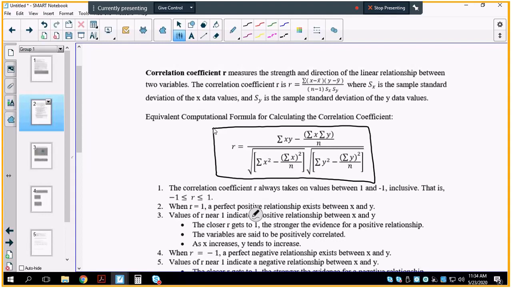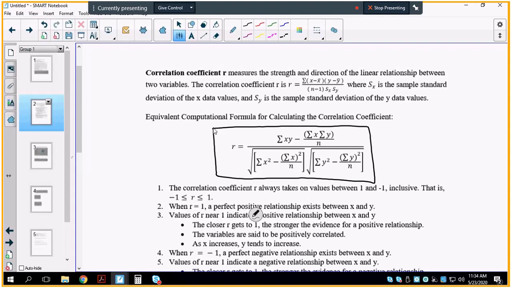And finally, you divide that quantity by the square root of the sum of the square of each x data minus the sum of all x data squared divided by n, and one other square root quantity should be in the denominator, and that will be similar. It will be the sum of the square of all the y data minus the sum of all the y data squared by the sample size.